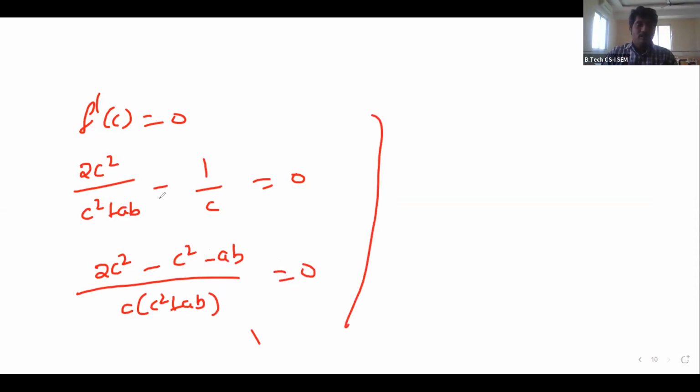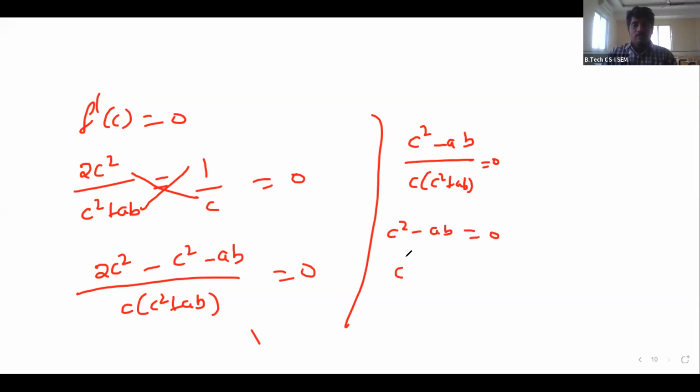Cross multiplication LCM means this into this, this into this. Do you understand? Okay, next. c square minus ab by c into c square plus ab is equal to 0. So c square minus ab is equal to 0, c square is equal to ab. Then what is c? Tell me first, what is c? Root ab.